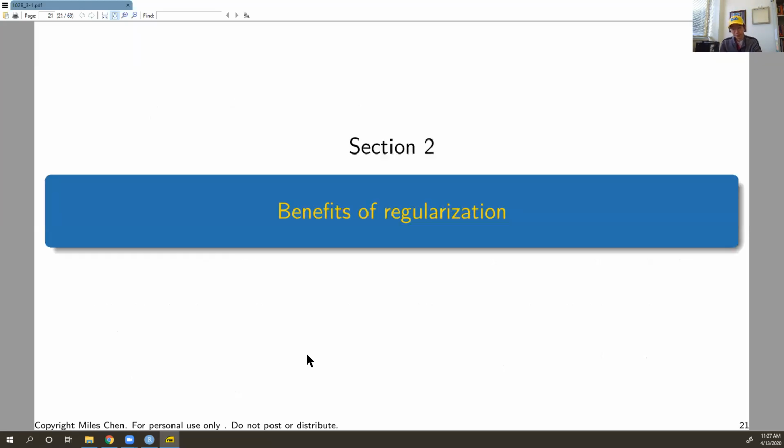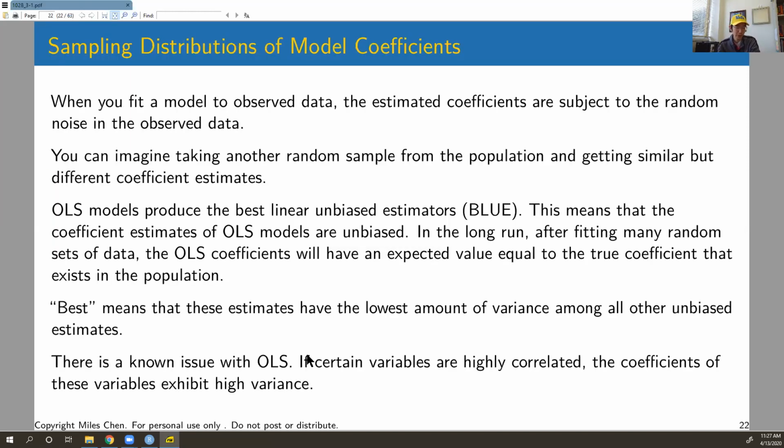So we're going to talk about the benefits of regularization here, okay? All right, and so what we have to keep in mind is that our observed data is a random sample drawn from the population, okay?